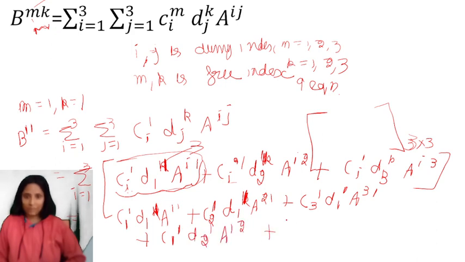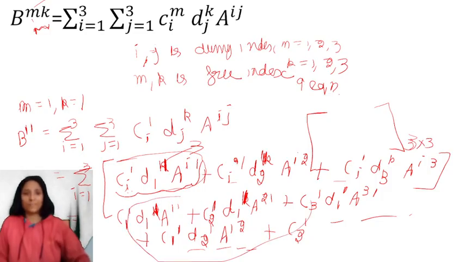Similarly you have to take the summation in the third term, so you got 9 terms in one equation. So see, with the help of tensor I write so many equations: you got 9 equations, 11, 12, 13, 21, 22, 33, and each equation contains 9 terms. But with the help of tensor, I write these 9 equations in terms of this.